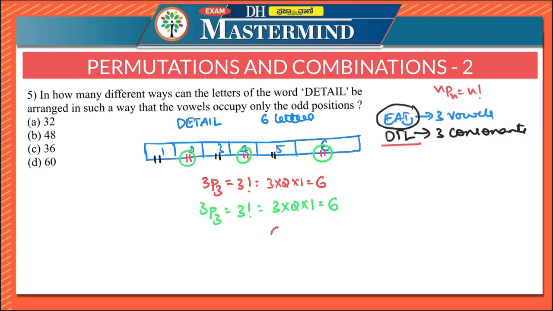Therefore we will multiply 6 into 6. Therefore the final answer is going to be 36. So in 36 different ways the word detail can be arranged so that the vowels occupy only the odd positions. Here the right option is option C, 36.